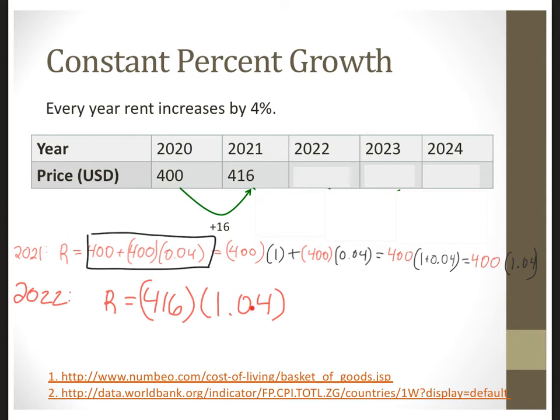This part here calculates how much your rent goes up, and this 1 over here means added to the previous year's total for the rent. Now doing this calculation, we can get the next year's rent. That would be 432.64. And then we can continue on.